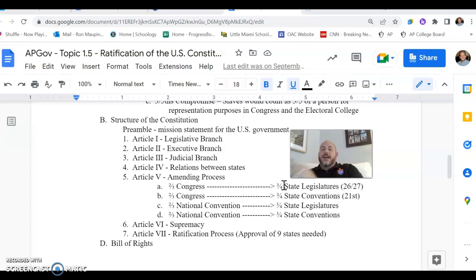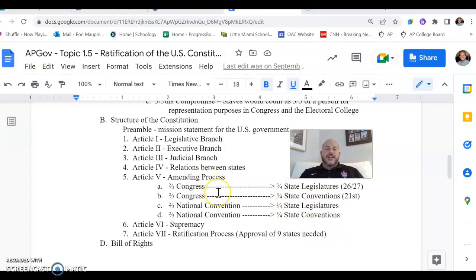So that means 3/4 of states with a simple majority approving it, or 3/4 of the simple majority vote of what would be state conventions. The idea being of state delegates coming together to consider that specific constitutional amendment proposal. So you look at it, it's 4 different ways.